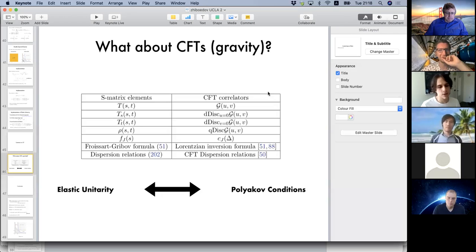Maybe just quickly, because I'm still confused. In the CFT bootstrap, usually you try to put bounds on the spectrum or the OPE coefficients, right? So here you fix the spectrum. Is that right?